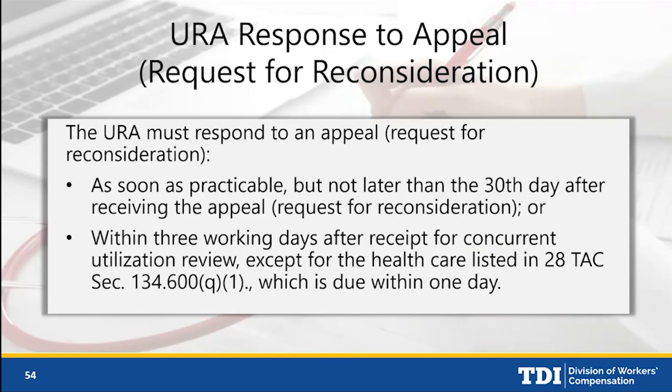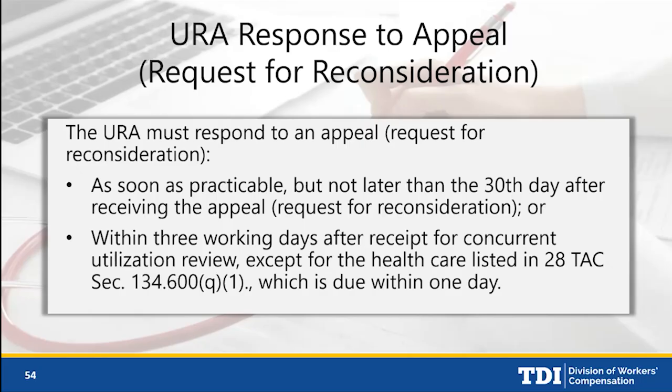On the utilization review agent side, once you've submitted your request for reconsideration, they have to respond as soon as it's practicable, but not later than the 30th day after receiving that appeal or request for reconsideration. Their response needs to be within 3 days of receipt for concurrent utilization review.